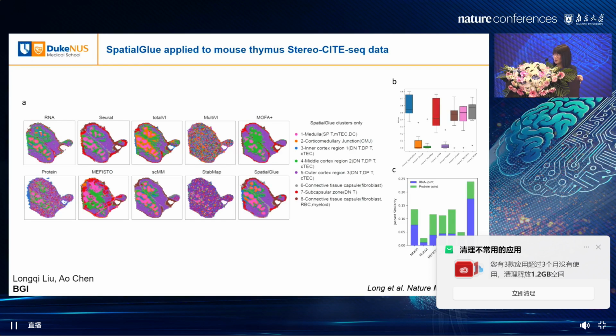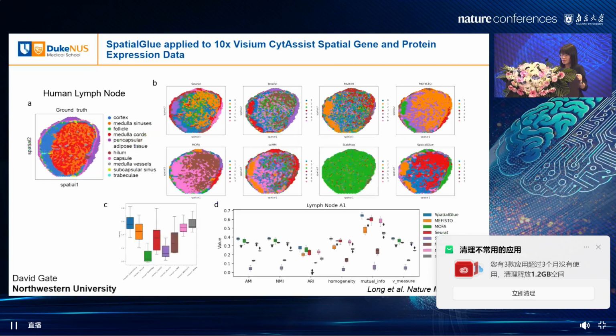But when we integrate these two modalities with AI methods, including SpatialGlue and Mefisto and a number of others, we can increase the resolution of the tissue structure. For example, we can identify the medullary structures, the cortical-medullary junctions, and the different layers of the cortex. And each layer contains a different subset of immune cells, in particular the T cells.